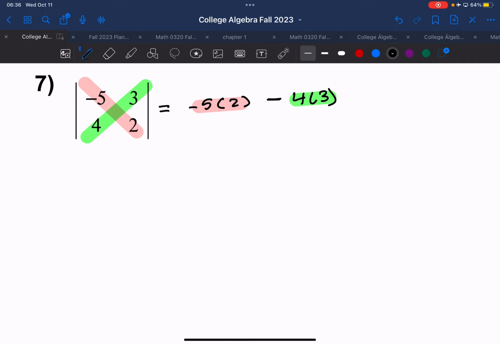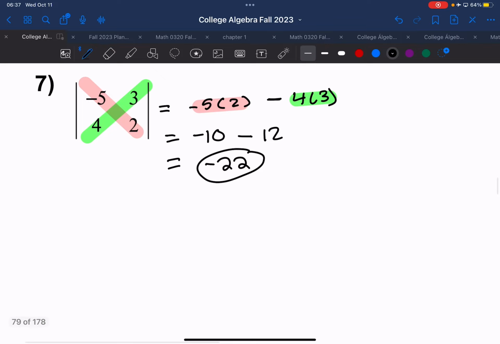So we have -5 times 2, which is -10, minus 4 times 3, which is 12. So -10 minus 12 is -22. That's the answer to the determinant. Remember, we're going to be using determinants in order to solve the system of equations using Cramer's rule.